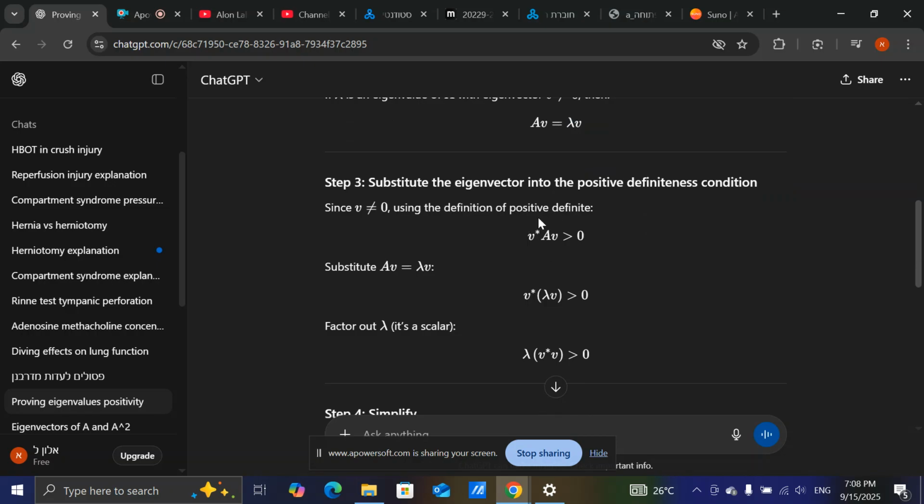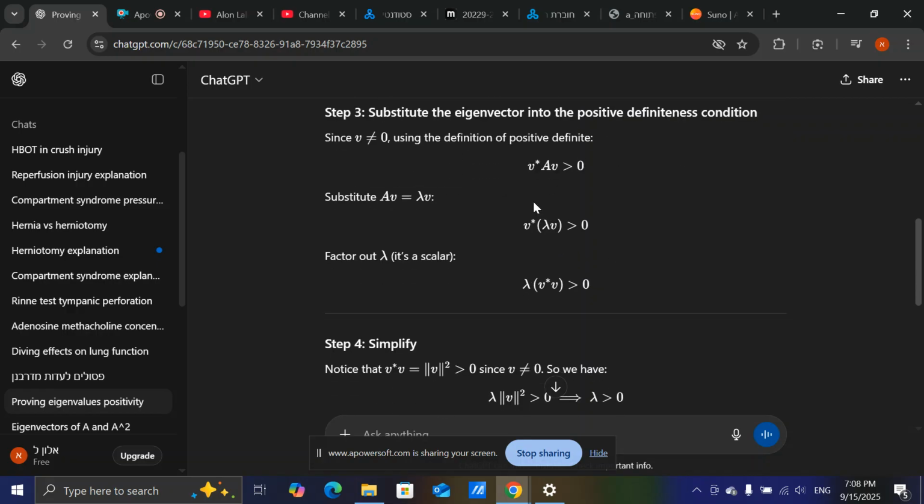Now, looking again at the basics, we are talking about the inner product between Av and v. As we said, it's always greater than 0 by definition for a positive definite matrix. We know that Av equals λv, therefore we can replace Av by λv. Now we can take λ out because it's just a scalar, and we are left with the inner product between v and v.